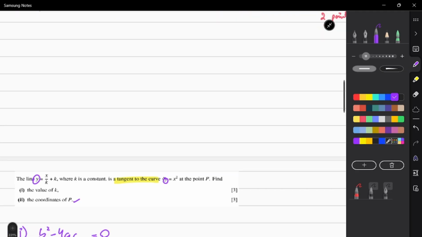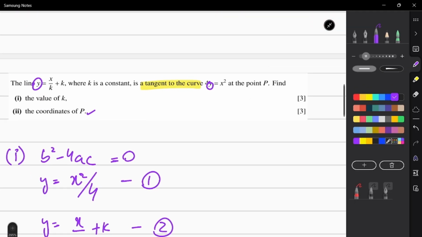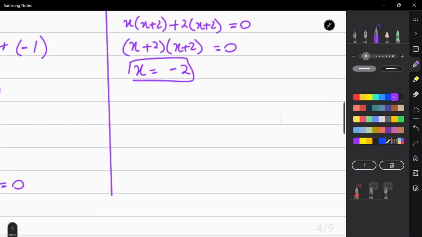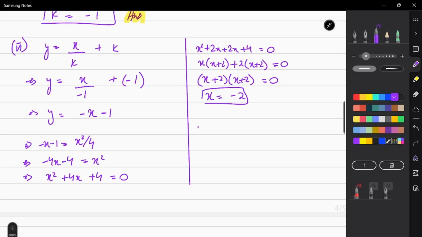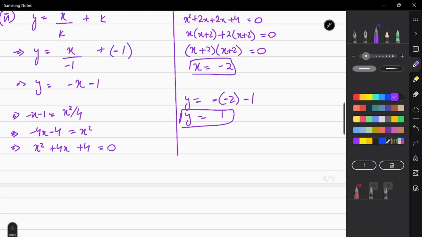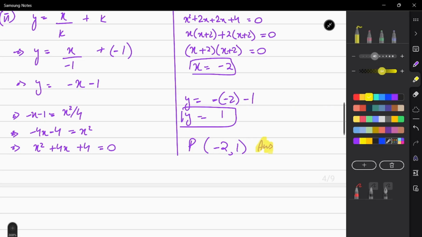So this is the x coordinate of the point P. To find the y coordinate, we are going to be substituting the value of x into any of these equations. I'll take this one. So P has the coordinates minus 2 and 1. Alright, pretty easy.